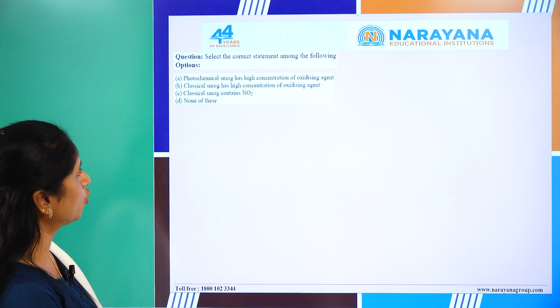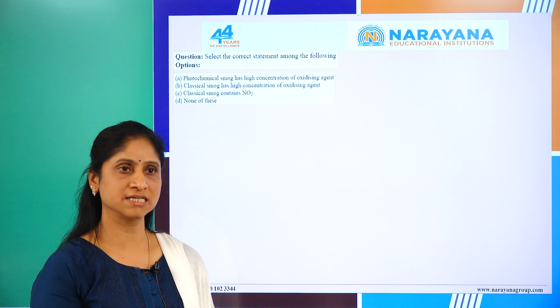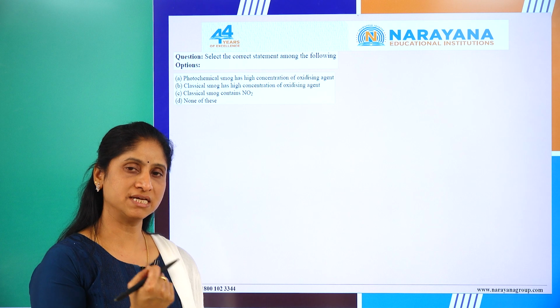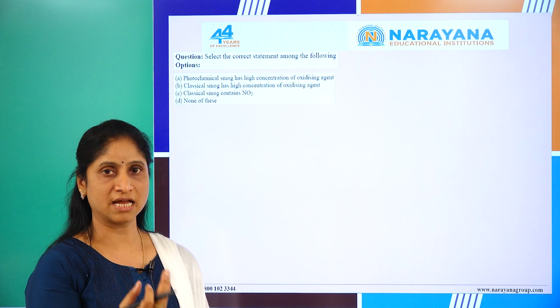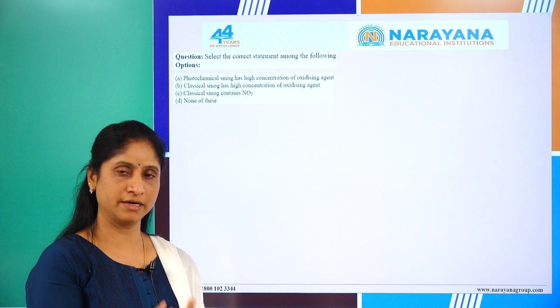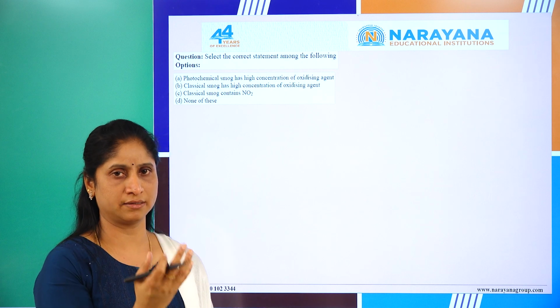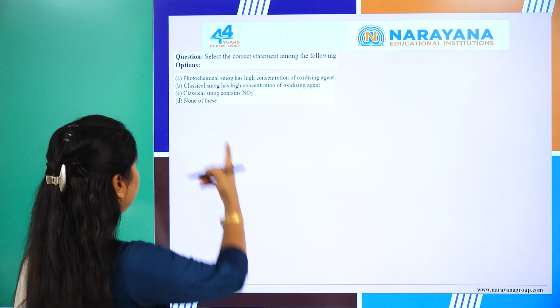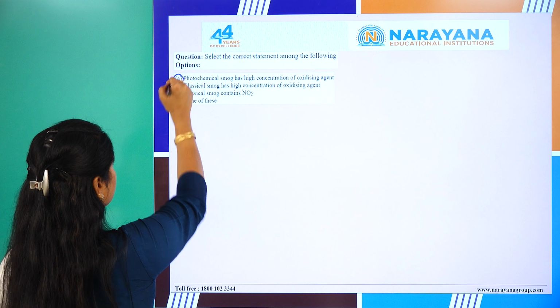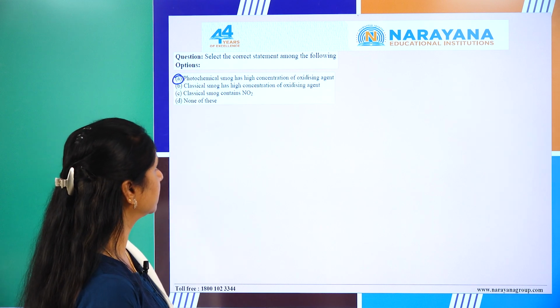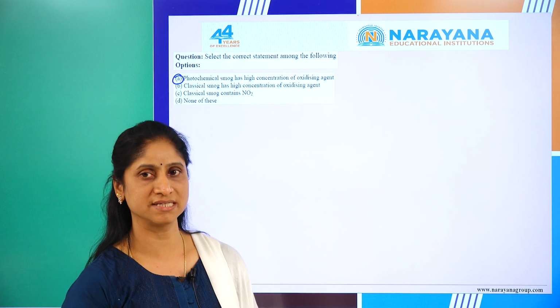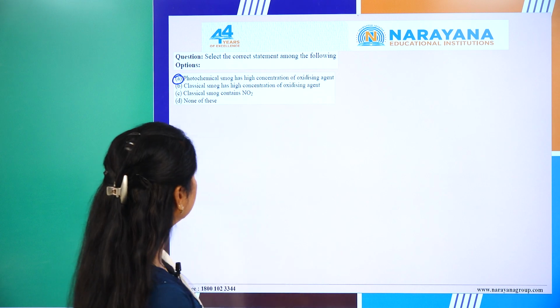Photochemical smog is an oxidizing smog, whereas reducing smog contains mainly sulfur dioxide, which is favorable under cool and humid conditions. Therefore photochemical smog containing the oxides of nitrogen has a high concentration of oxidizing agent, which is the correct option.